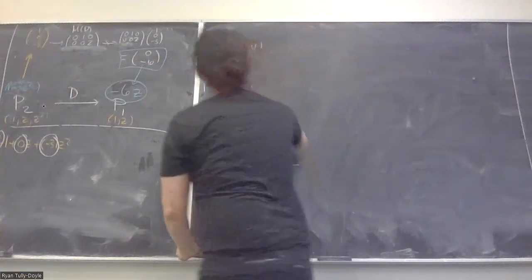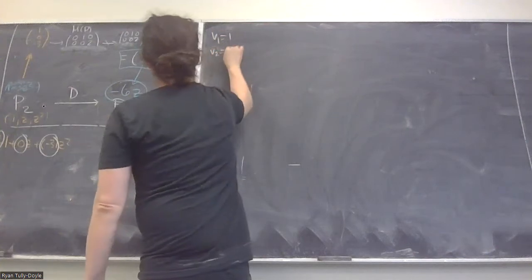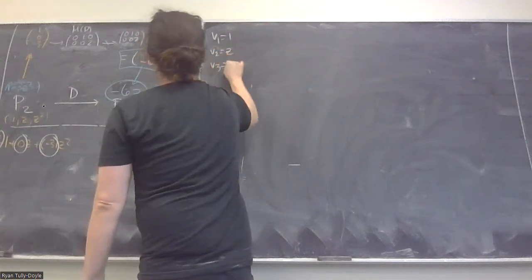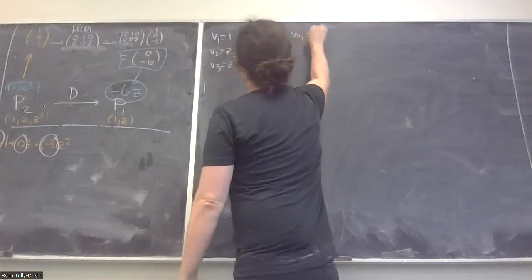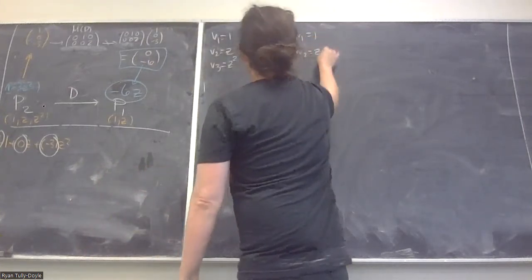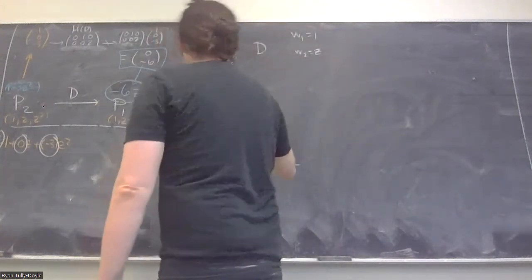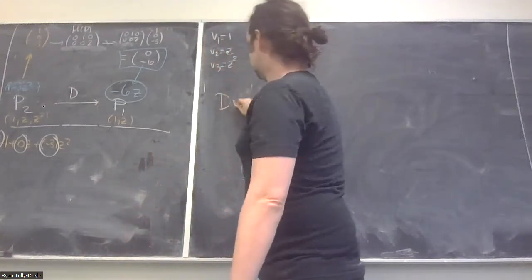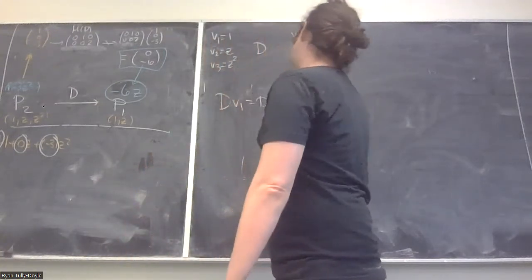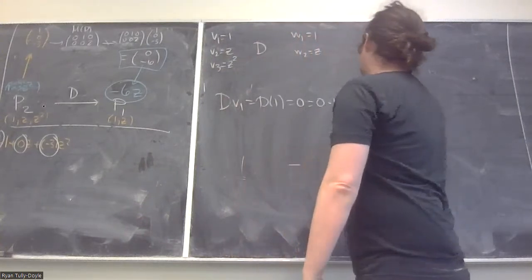If we're working with the basis where V1 is 1, V2 is z, and V3 is z squared, and the map D, and W1 is equal to 1 and W2 is equal to z, then we get the columns of the differentiation matrix by calculating, well, D of V1 is the derivative of 1, which is 0, which is 0 ones and 0 z's.